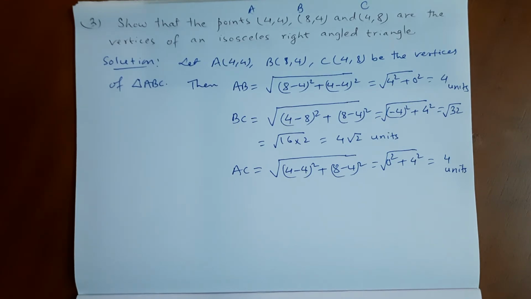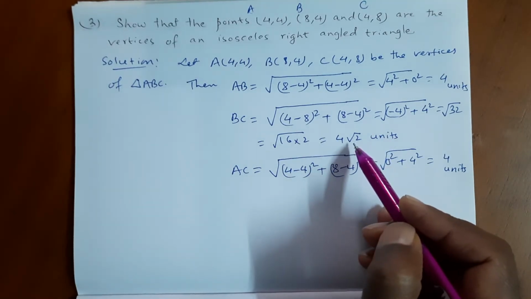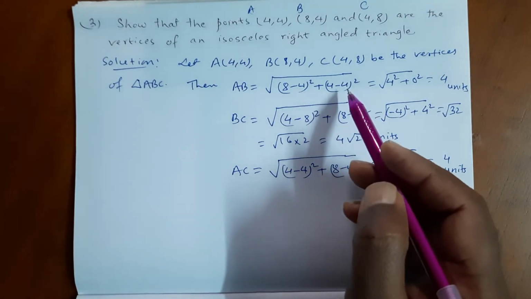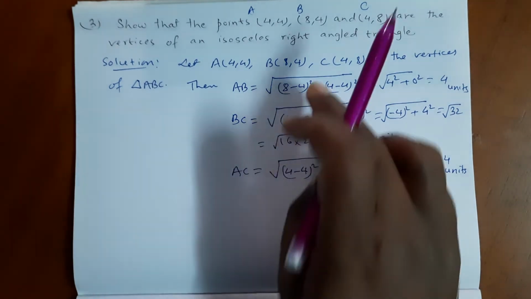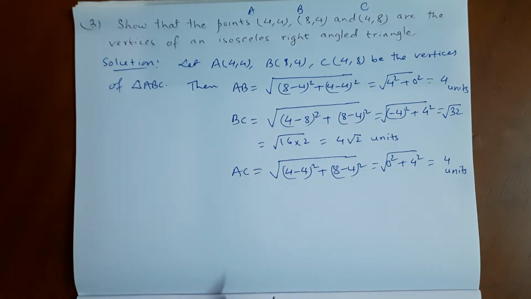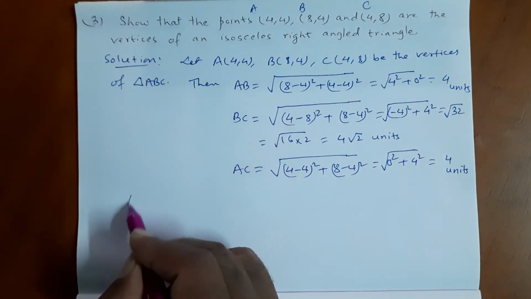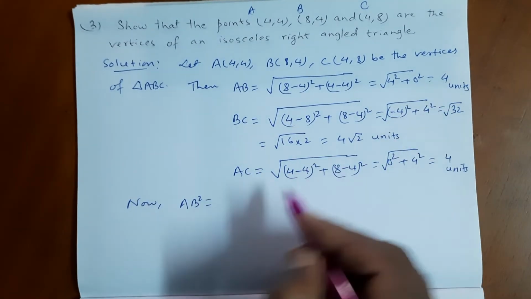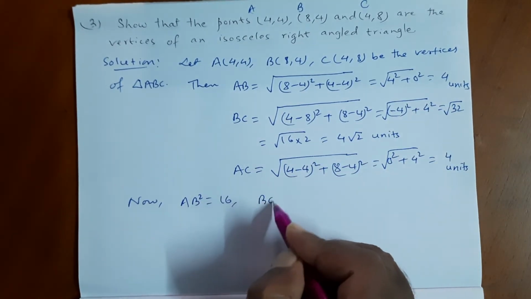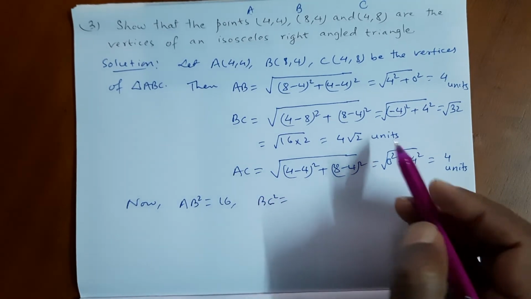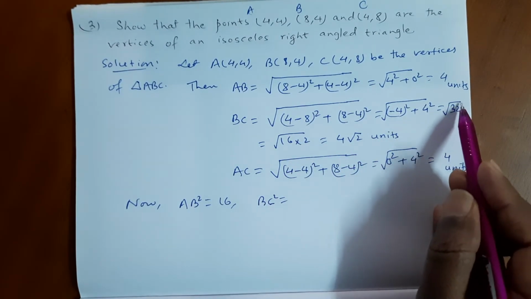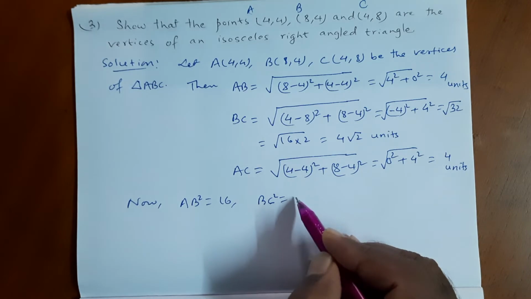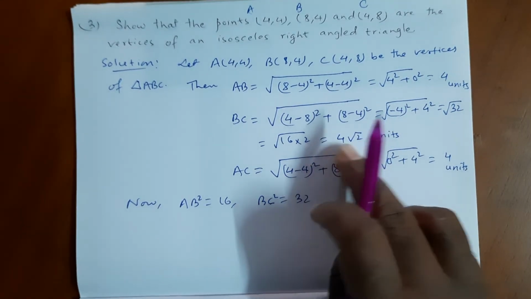Now to prove the Pythagoras theorem for this triangle, the longest side square equals the sum of the squares of the two other sides. If we can show so, then this becomes a right angle triangle. Now AB square equals 4 square, that is 16. BC square equals, here while squaring, this is root over 32, that will be 32 only.